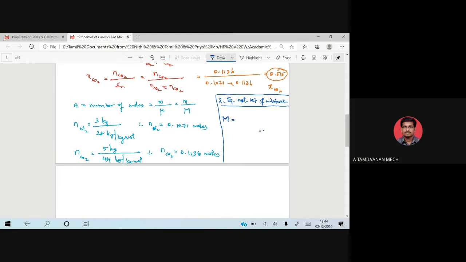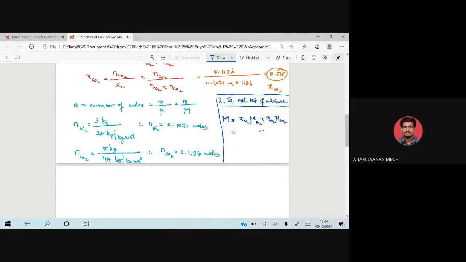We already derived the formula. Molecular weight is equal to mass divided by number of moles. Otherwise, for a mixture, the equivalent molecular weight is equal to x of N2 into molecular weight of N2 plus x of CO2 into molecular weight of CO2. So this is the formula.